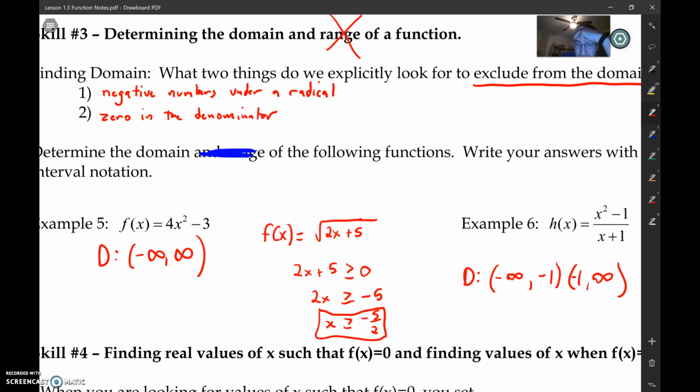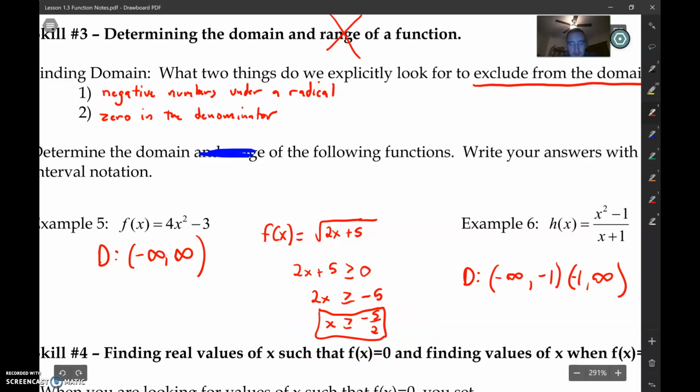Because if we plug in something that's less than that, like 5/2 is 2.5. So watch what happens if we put a -3 in here. 2 times -3 is -6. -6 plus 5 is -1. That's an imaginary.